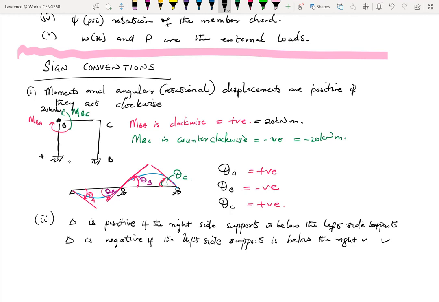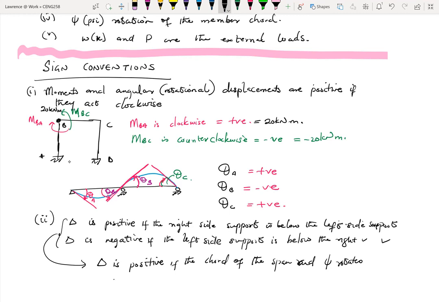All right, so I can rewrite this information all into one that says that delta is positive if the chord of the span and the angle psi rotates in the clockwise direction.